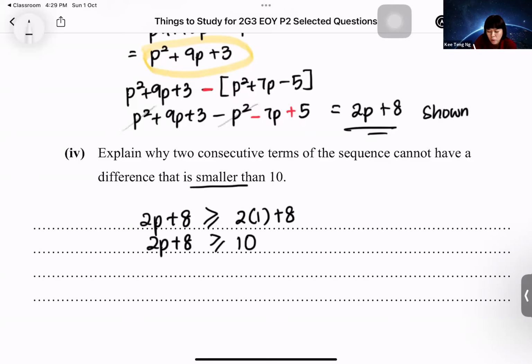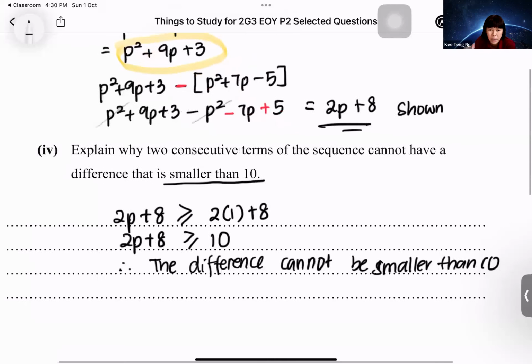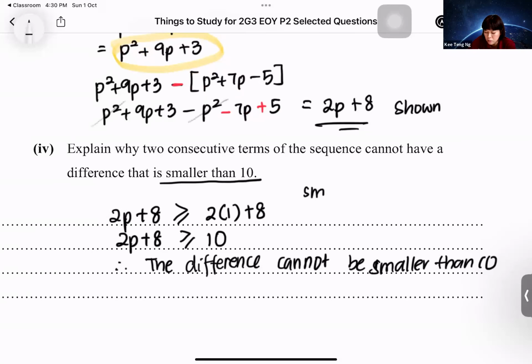So therefore, can the difference be smaller than 10? So therefore, the difference cannot be smaller than 10. Is this okay? Right, because for any p, the smallest p, p equals to 1.